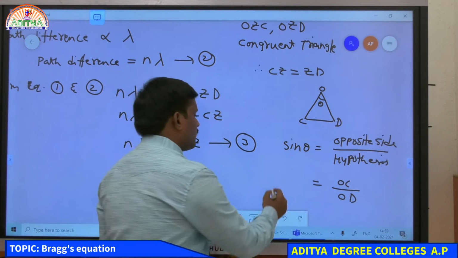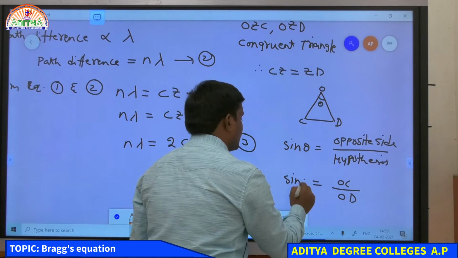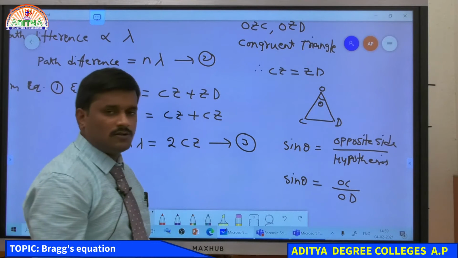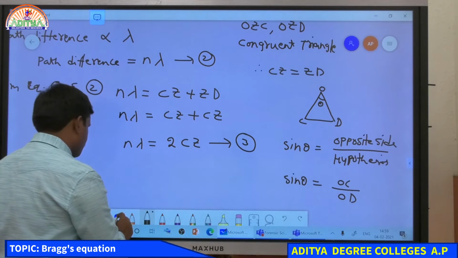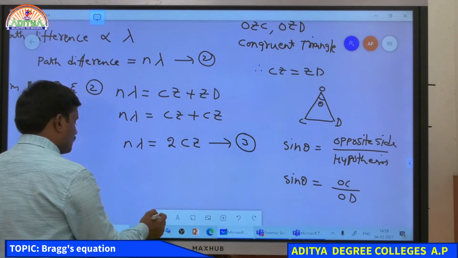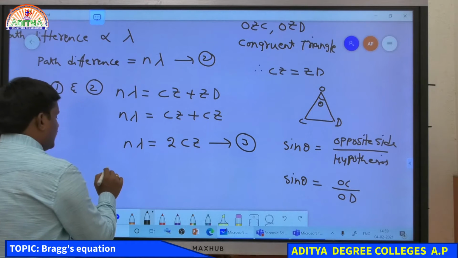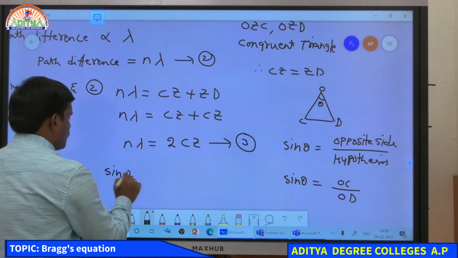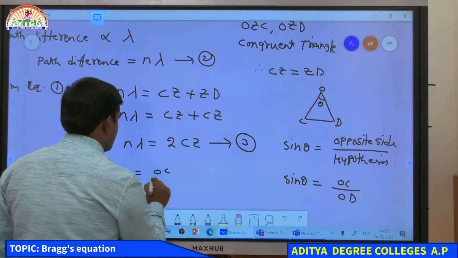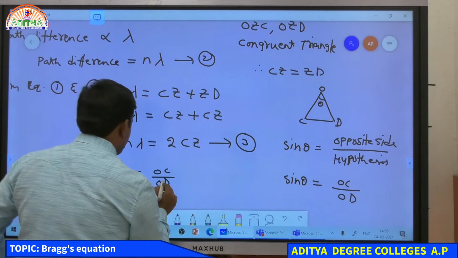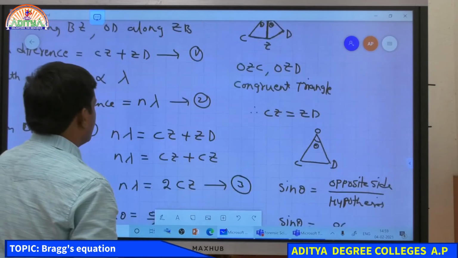So sin theta is equal to OC divided by OD. Similarly, look at another triangle.